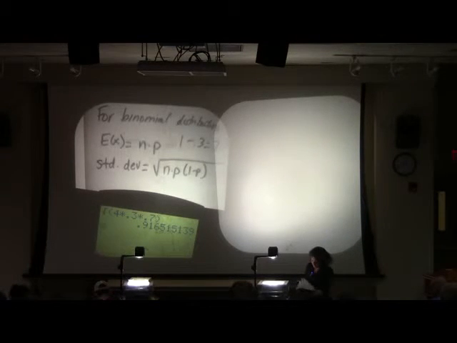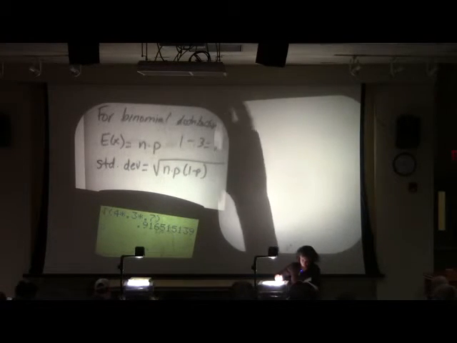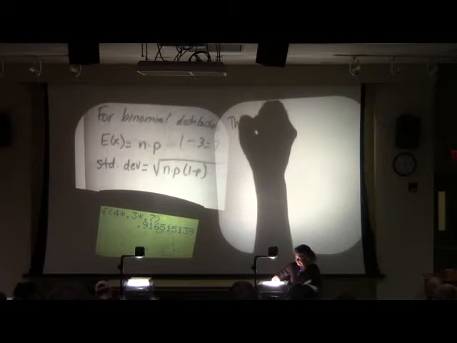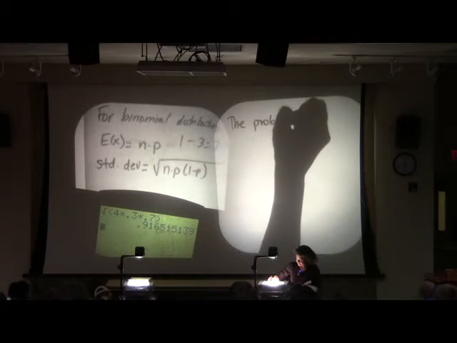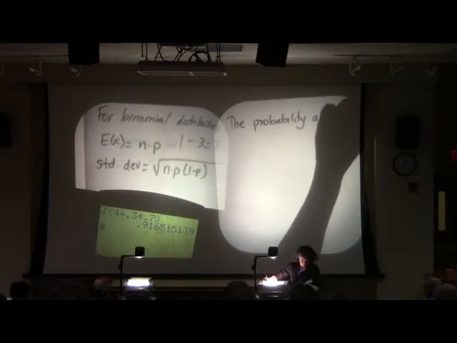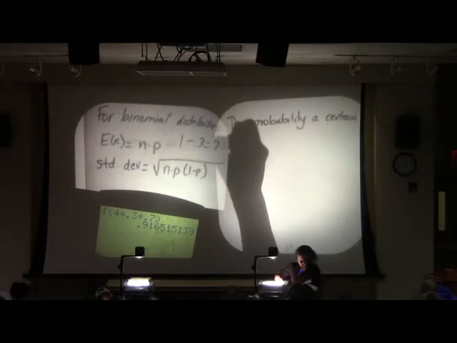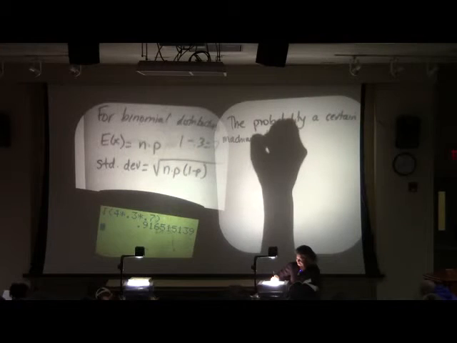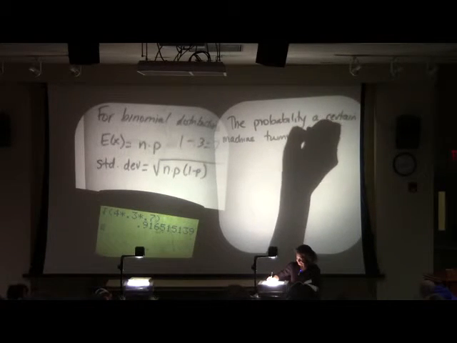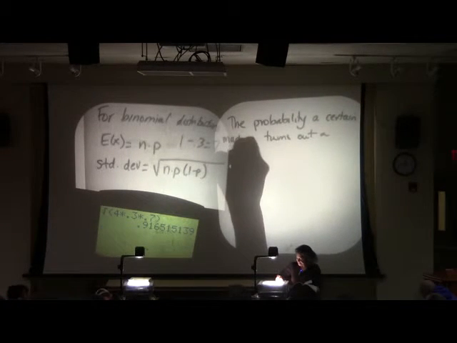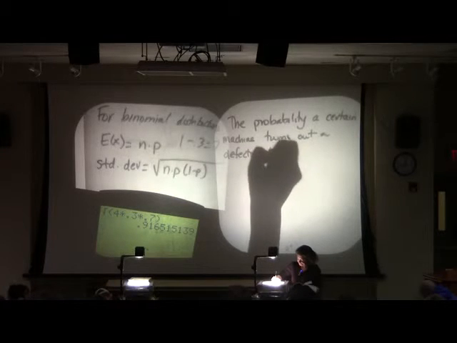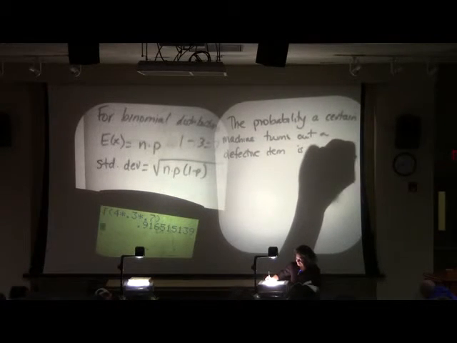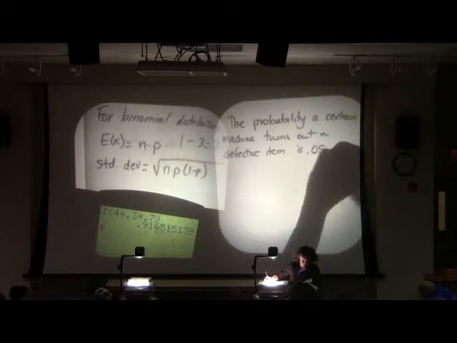So, let's do this example. The probability a certain machine turns out a defective item is 0.05.